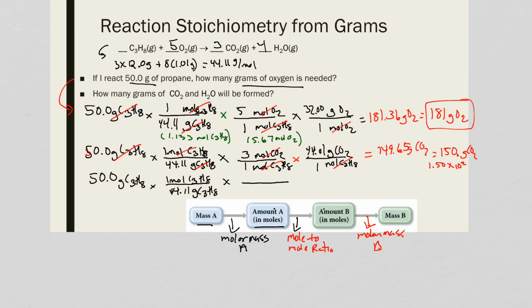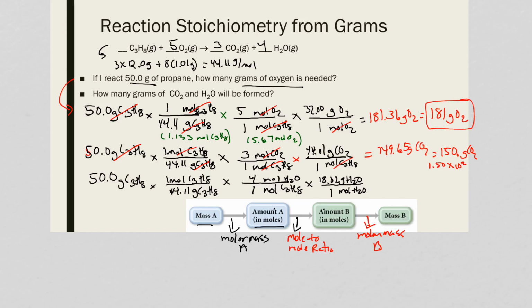Now, since my target here is water, I'm going to have my ratio of moles of water to moles of C3H8. And from my balanced equation, that's 4 to 1. And then lastly, I'm going to use my molar mass of water to convert moles of water into grams of water. And that molar mass for water is 18.02 grams for every 1 mole.